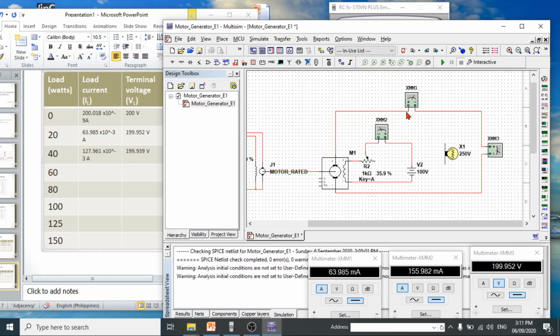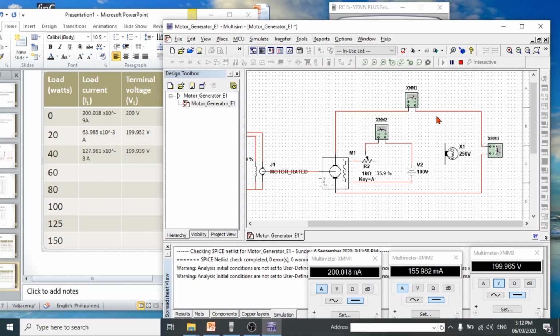The current measured by meter 1 is around 0 ampere, because there is actually no load at the terminals of the generator, hence the current is 0.